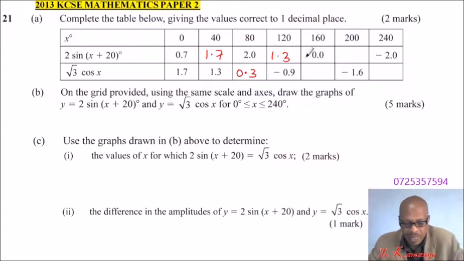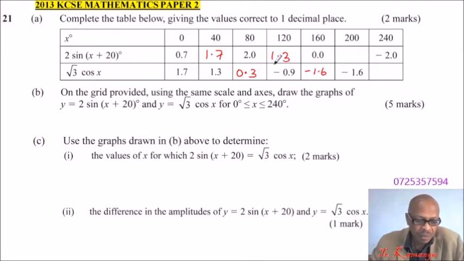Here you write root 3, the cosine of 160. That should give you minus 1.6 to one decimal place too. And here you have 200, so 200 plus 20 is 220. So it is 2 sine of 220, and that should give you minus 1.3 to one decimal place.